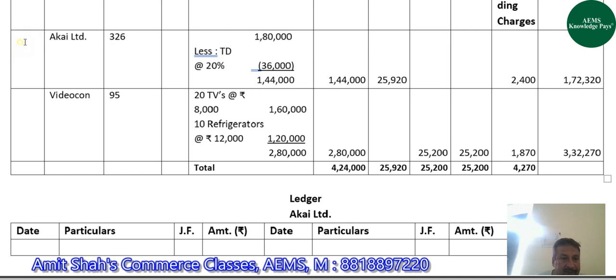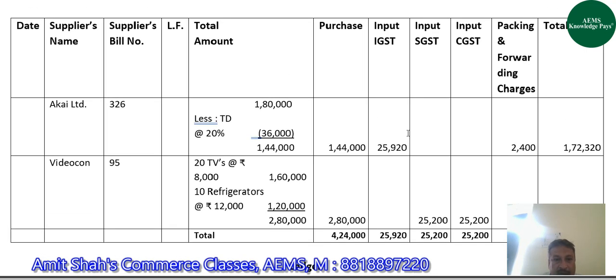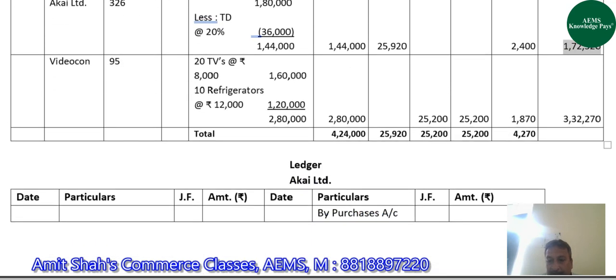Now, whatsoever is the date of this transaction, on that date the accountant will write here simply "By purchases account." And whatsoever he has to pay to Akai Limited, that he will record here. So how much is payable to Akai Limited is 1,72,320. This would be recorded here. This is how he will record it in Akai Limited's account.